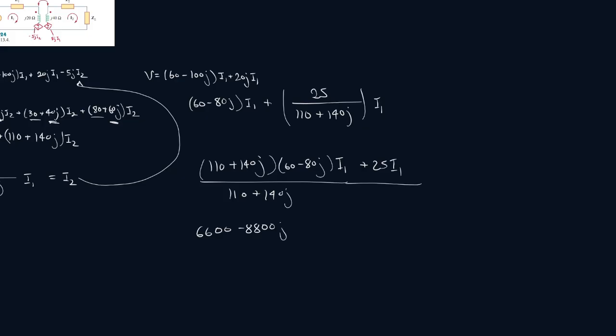Then 140J times minus 80J, that's 11,200. And then the last one is 8,400J. Oh yeah, and then plus 25 at the end.